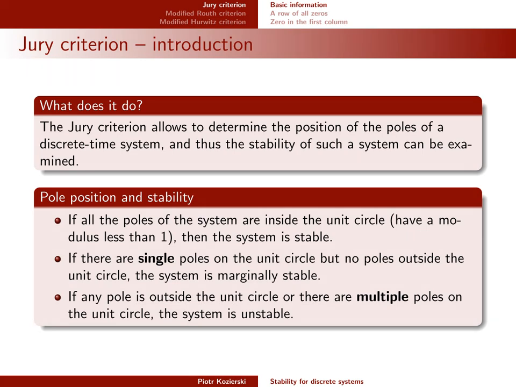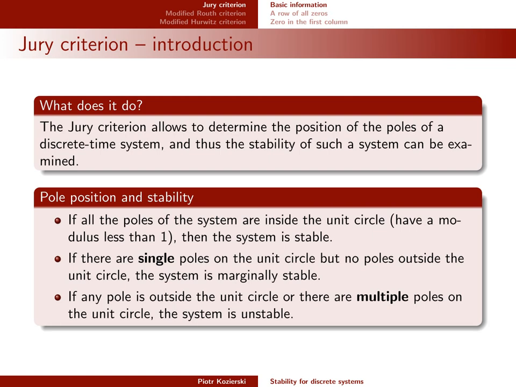If a system has no poles outside the unit circle, and at the same time has single poles on the unit circle, the system is marginally stable, and it can have any number of such poles. It is important that they all are single.